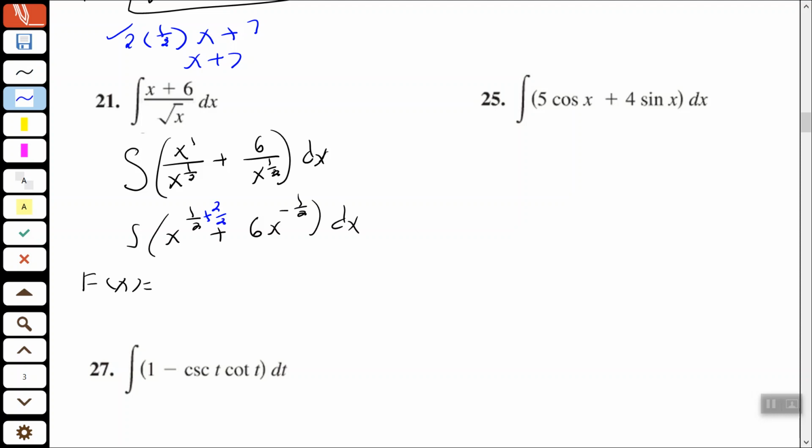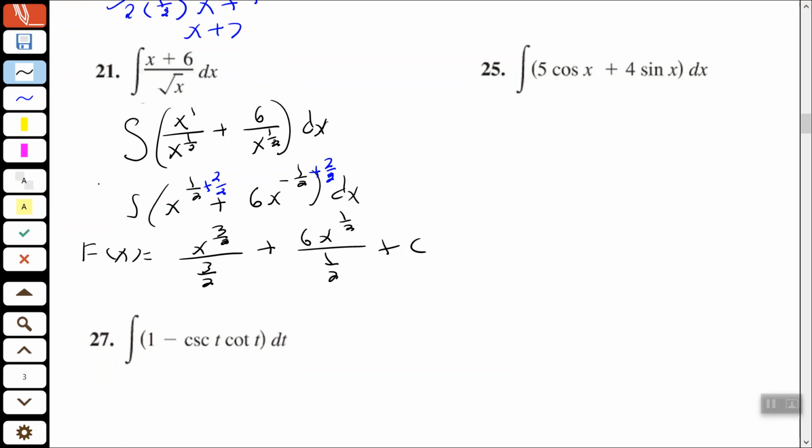And then if I divide by the new exponent, so that's x to the 3/2 divided by 3/2. So add 1 here. That's the same thing again as adding 2 over 2. So 6x to the 1/2 divided by 1/2 plus the constant of integration.